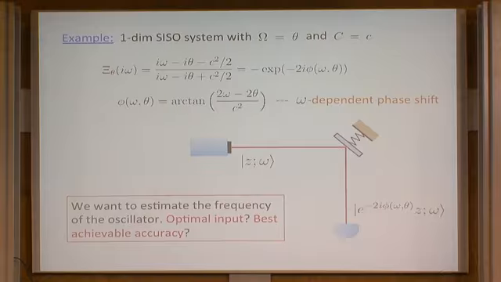So here's the input. Z is the amplitude, and omega is the frequency of the input coherent field. This is the output coherent field, which takes a phase shift depending on theta. So this is essentially the phase estimation problem. But again, this phase depends on omega, so we need to optimize omega.